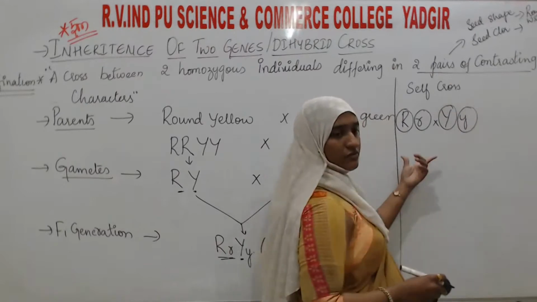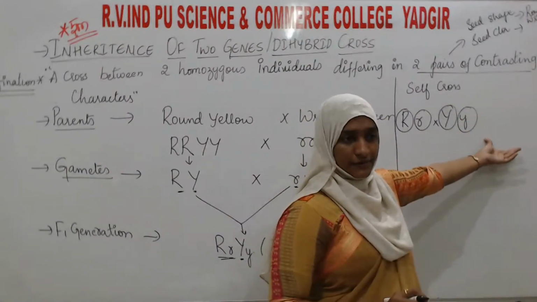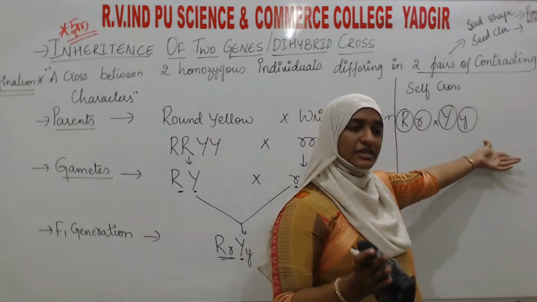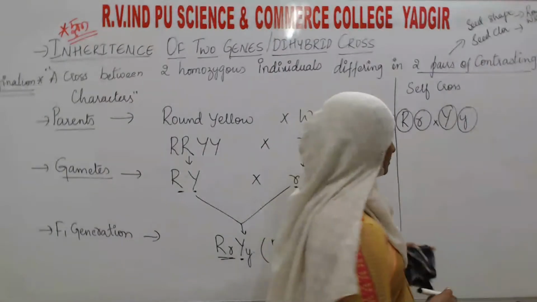One more time: self-cross means we take the same genes with the same plant, the plant which has the same genes or same characters. With that, we self-cross.